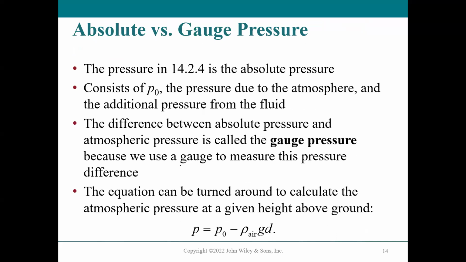And then the equation can be turned around to calculate the atmospheric pressure at a given height above ground. If we want to calculate the pressure at a height above the ground, this one will be negative. So P0 minus rho air times G times D. It means that the higher you go, the pressure will be lower.